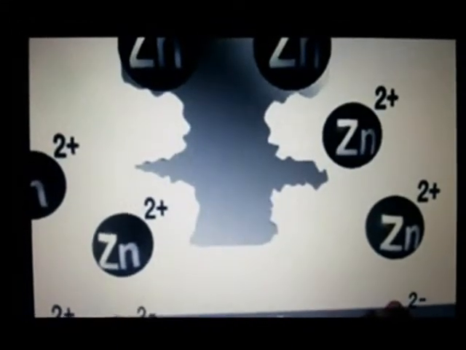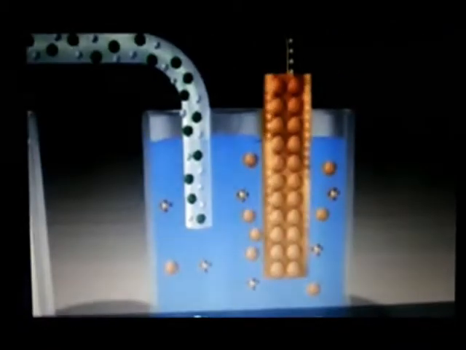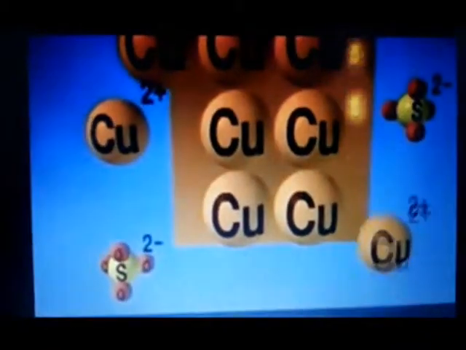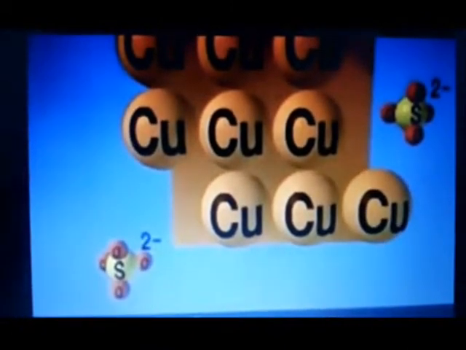The electrons flow from zinc to copper because zinc is a more active metal than copper. Thus, the oxidation reaction works at the anode, and zinc becomes zinc ion. The copper ion gains 2 electrons and is reduced into copper metal.